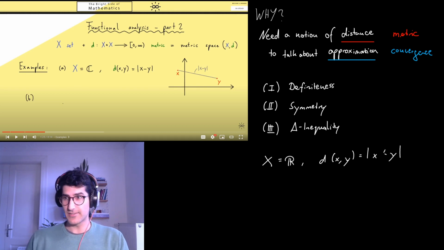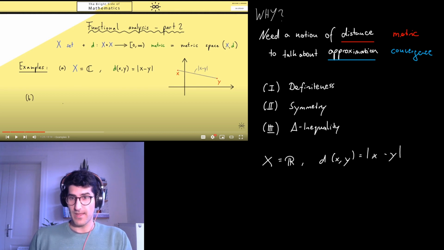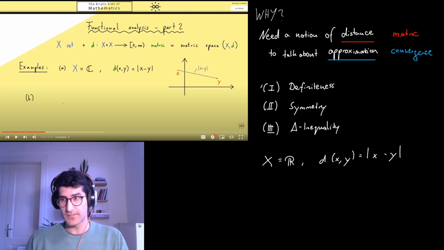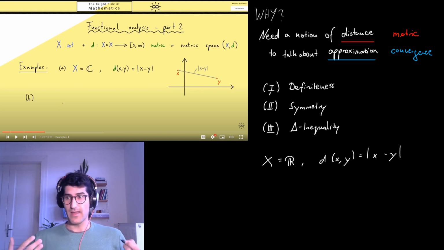So basically this is just a difference of two real numbers and then taking the absolute value. And you may see from this definition already, this definition is symmetric. If the absolute value of a number is 0, then the number itself needs to be 0. So this is also definite. And the triangle inequality is, well, just the triangle inequality that we have for absolute values.